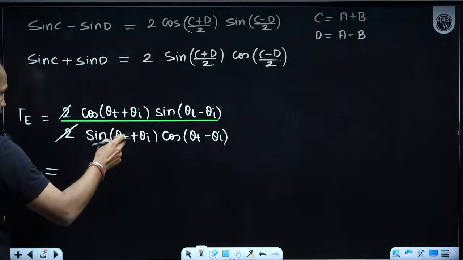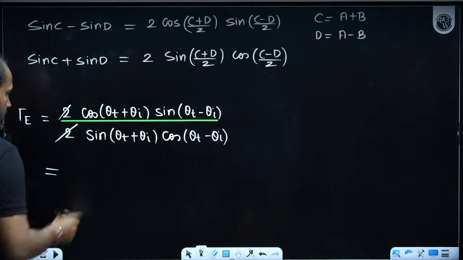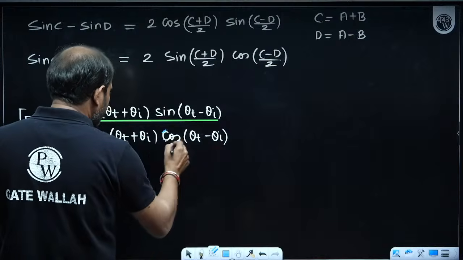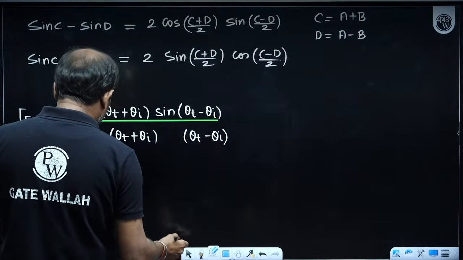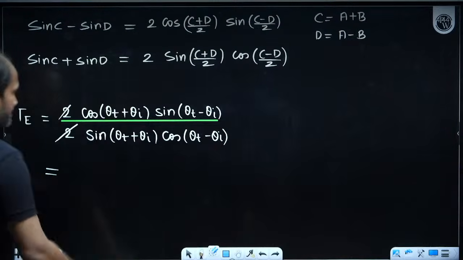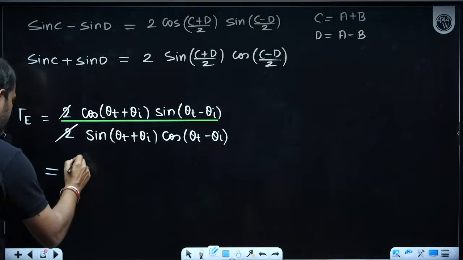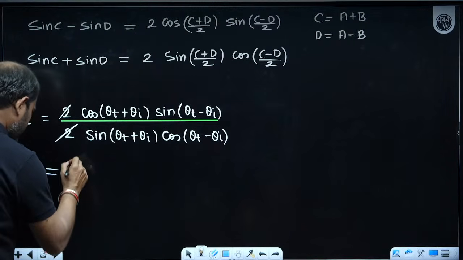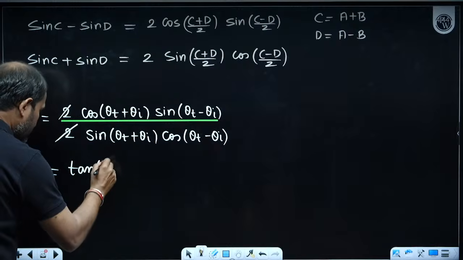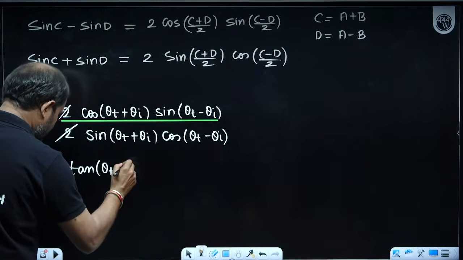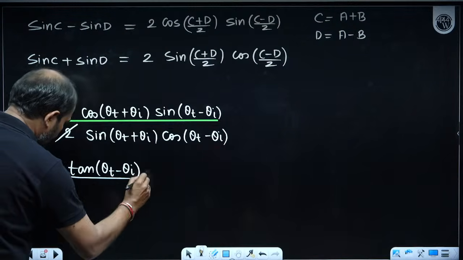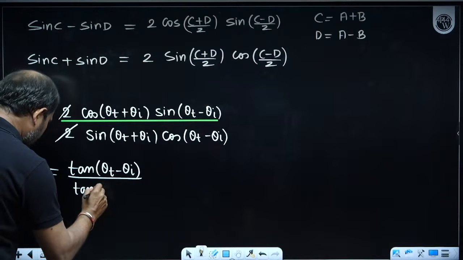Sine upon cos is tan. So gamma is tan of (theta t minus theta I) upon tan of (theta t plus theta I).